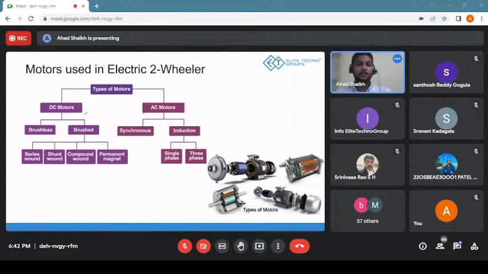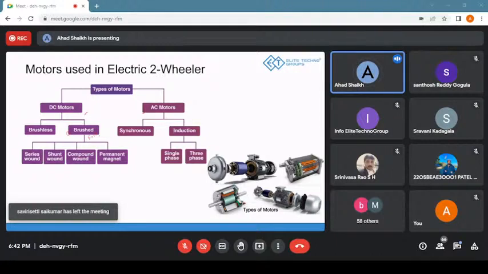When DC motors were developed, initially they were brushed motors, but they have a lot of friction, very high noise, and are not that efficient. So brushed motors are not used in electric vehicle applications as of now, and brushless DC motors are very popular when it comes to electric vehicles.